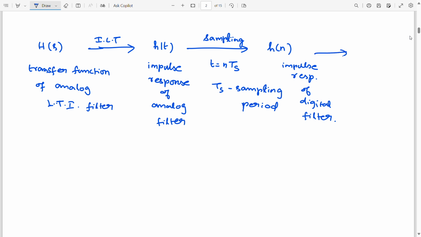And after that, if you take z transform of h of n, we may get h of z, which is the transfer function of digital IIR filter. This is how the impulse invariance transform method converts the analog filter into digital filter.